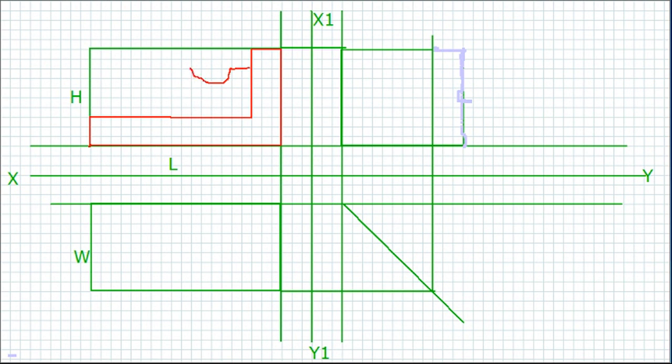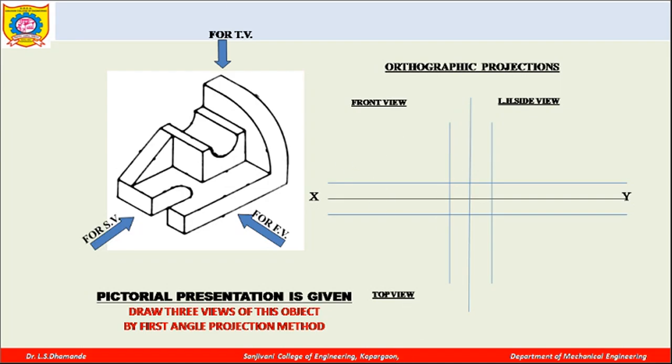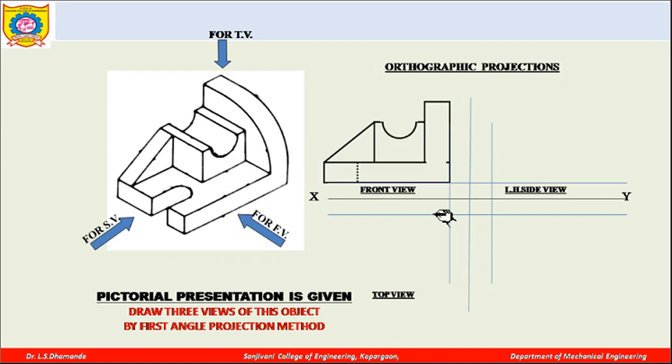Okay, and then there is again a line like this, and this block is completed there. And from here actually there is one more line like this, that vertical triangle. So this is nothing but the shape which is visible to us in the front view. So the front view of this object after drawing will look like this.